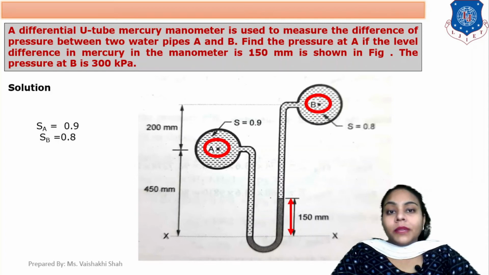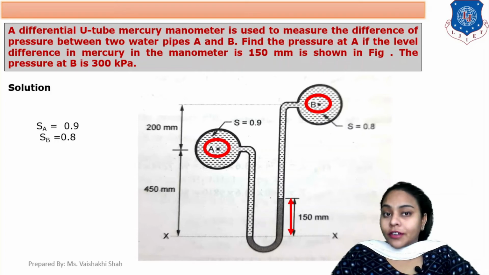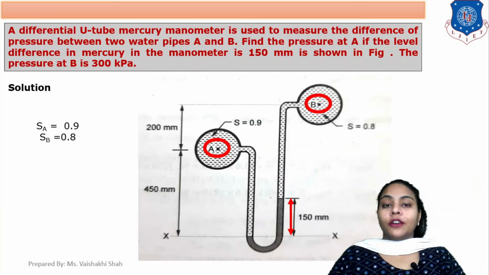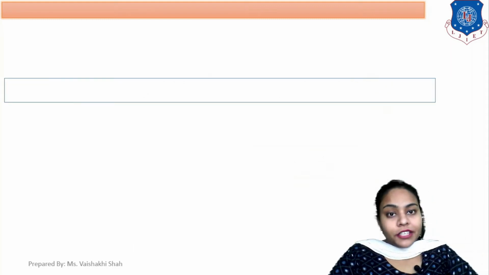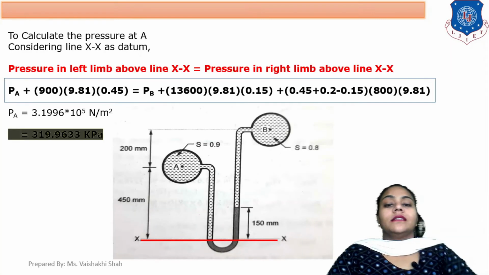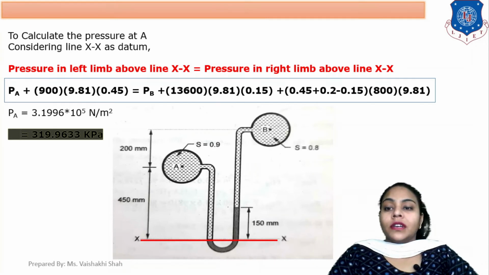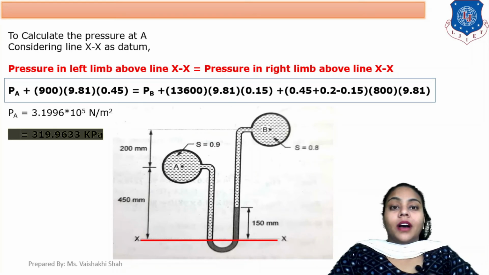Okay. Now we have to solve the example. There is the common method where first we find the pressure in the left column, second we find the pressure in the right column, and after that we equate the condition. So here is your diagram. First, pressure in the left column above line XX equals pressure in the right column above XX.